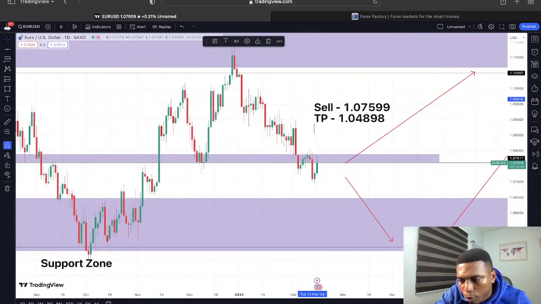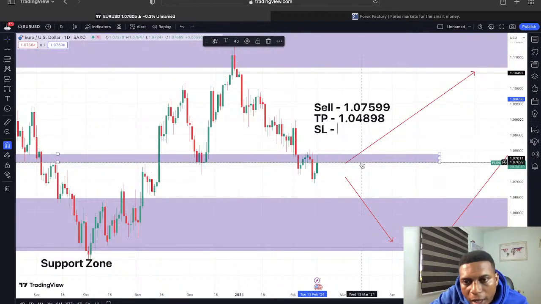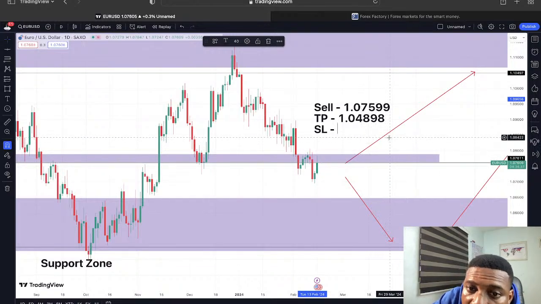And then we put our take profit at the next resistance zone.